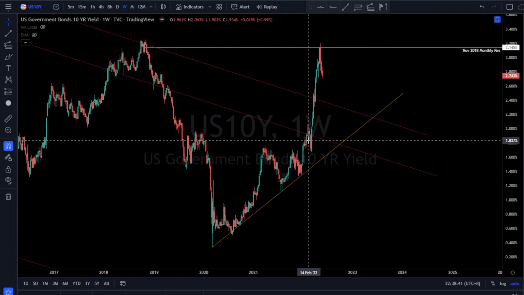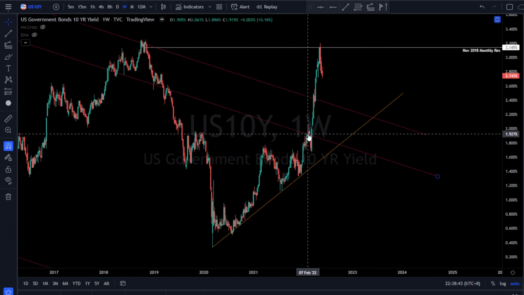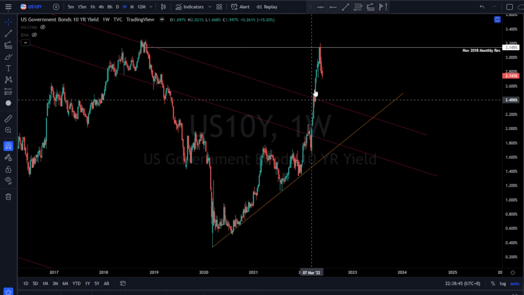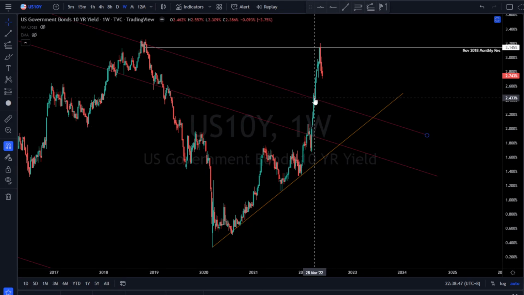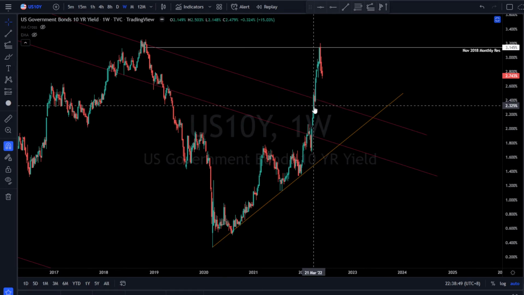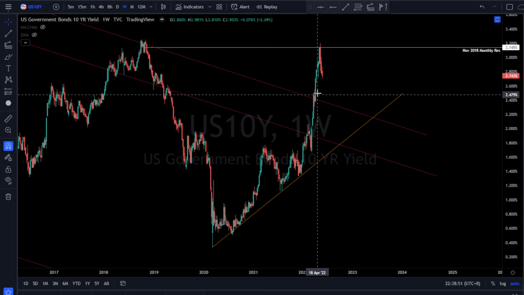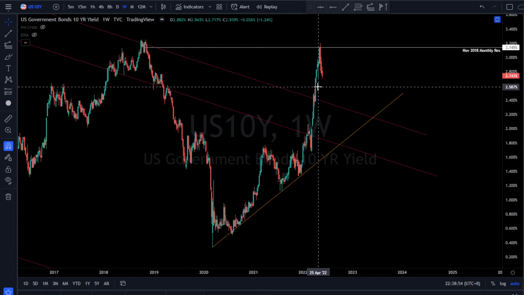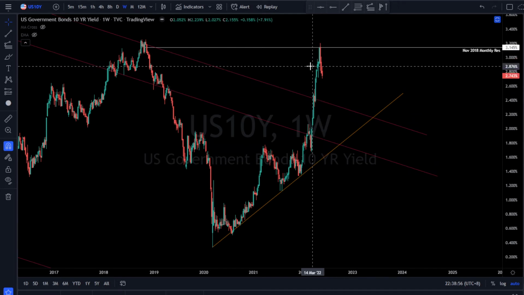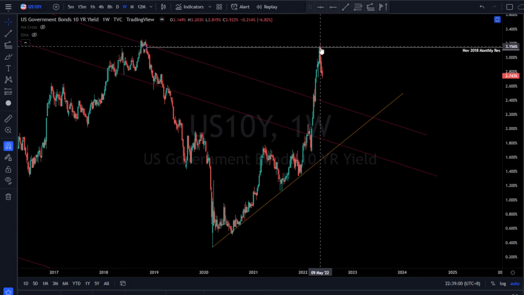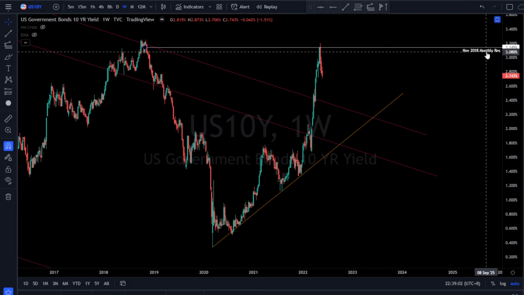So first warning sign was here in February. We broke the first trend line, and then the top of the channel, we broke it in April, and we shot straight through for 1, 2, 3, 4, 5 weeks in a row. And right now we are testing some resistance over here, which was a monthly resistance in 2018.